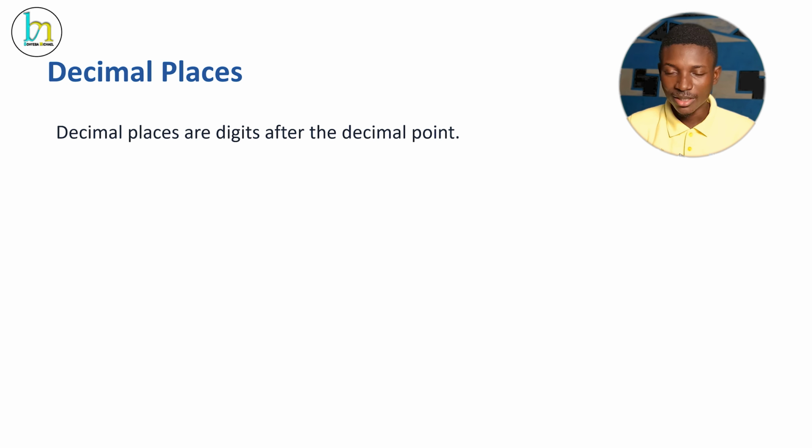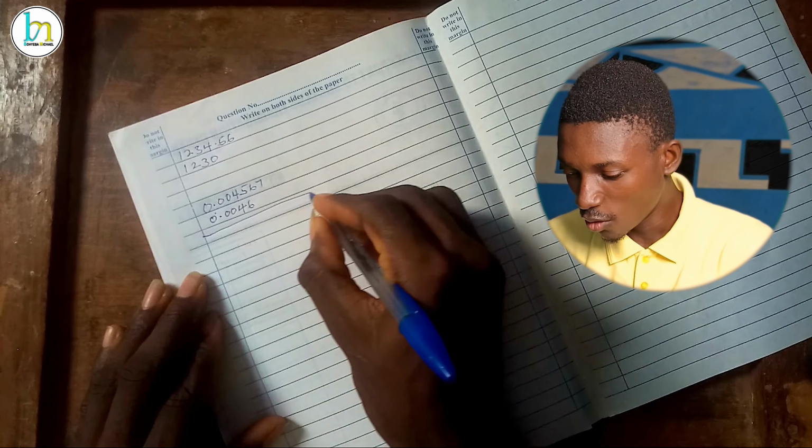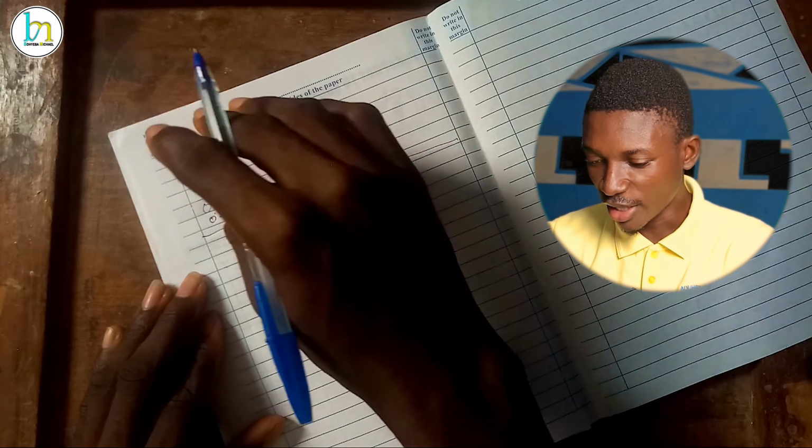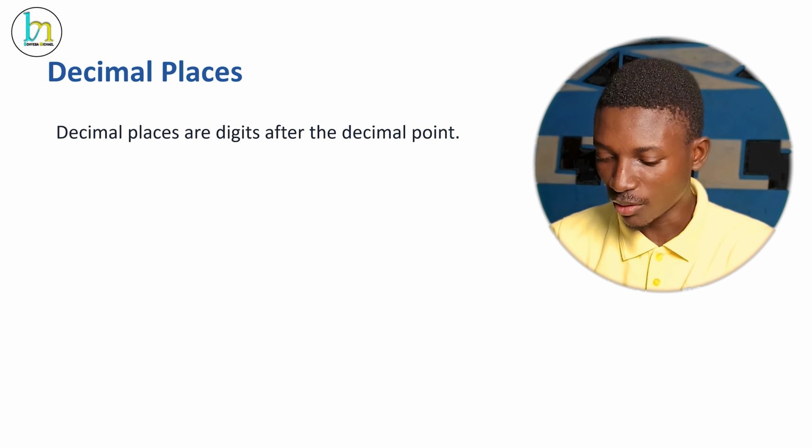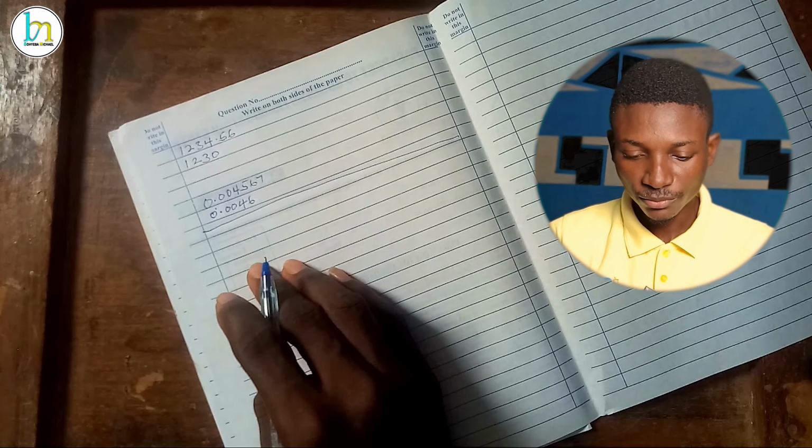Very good. So decimal places are the digits after the decimal point. We should not be confused with significant figures.